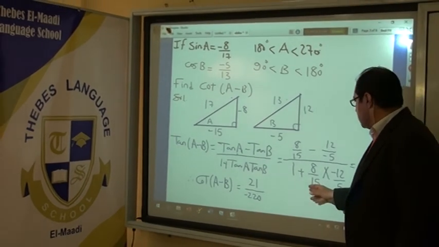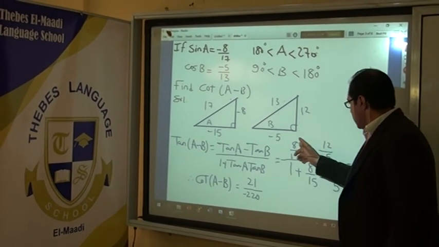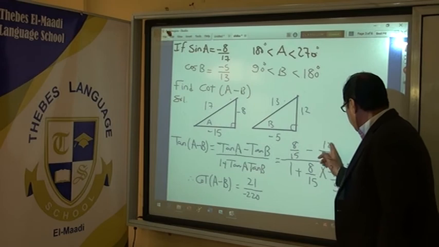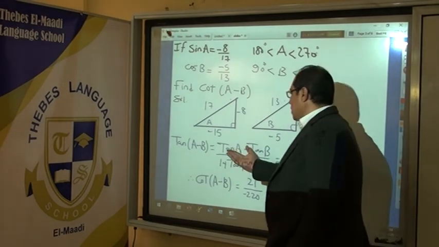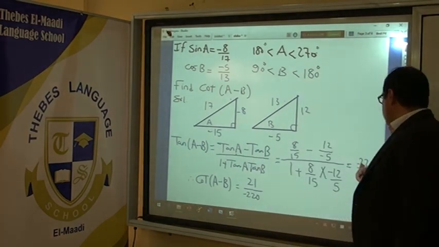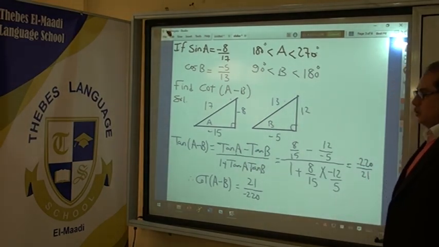Over 1 plus these two values, 8/15 multiplied by negative 12/5. I calculate the value of tan (A minus B), which equals negative 220 over 21.